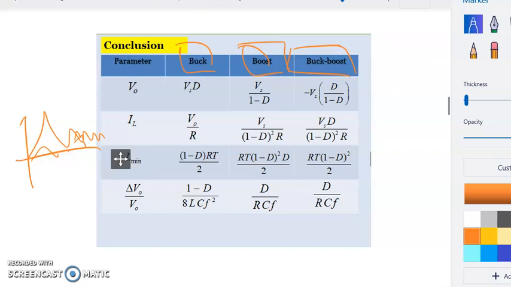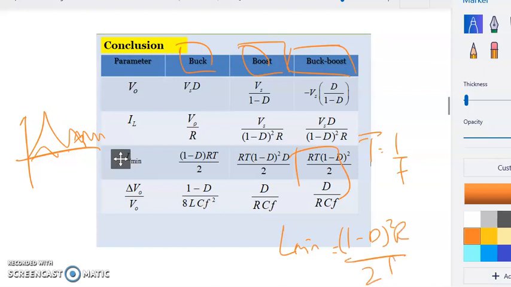It will not drop down to 0 like this. In terms of the expression, T is equal to 1 over f.